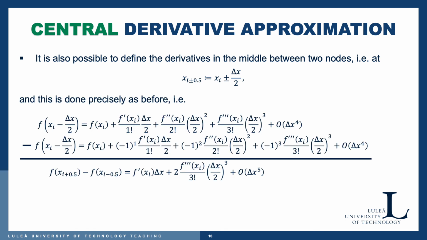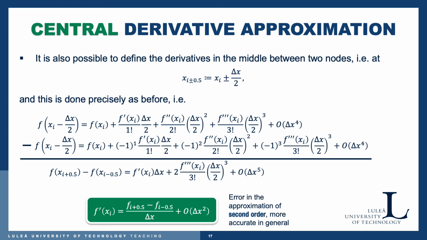And precisely as before, we do this by taking the Taylor approximations of the function at those points, we subtract them from each other, and we solve for the derivative of the function at the point x_i. And we can now see that this is also a second order approximation, which is more accurate in general than a first order.